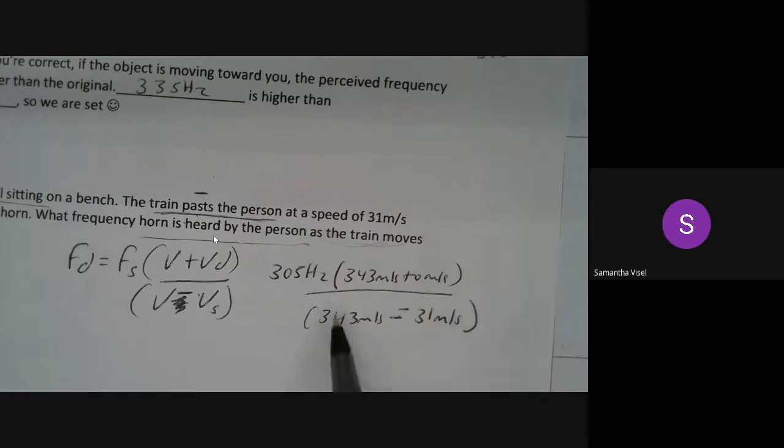I highly suggest you don't start changing these signs, even though yes, we are going to add this here. 343 minus a negative does give us a positive. But when we start changing these signs for one problem, we start to edit it. Since we made this a plus here, the next time we do another problem, we might just start off with a plus on the bottom, and that's not what we want.